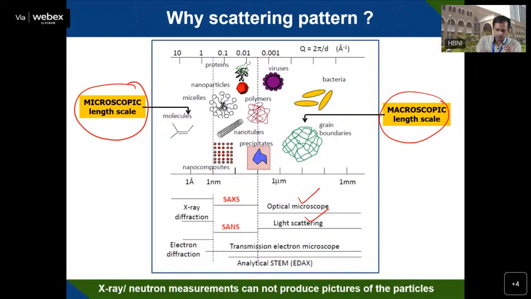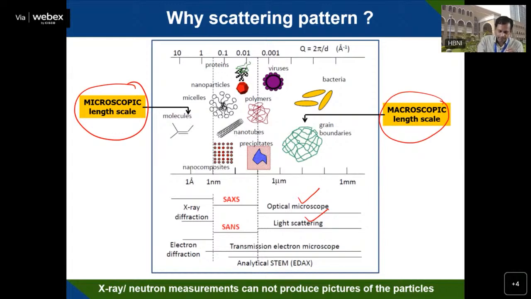But for microscopic size, where you are dealing with very small sizes, that is 10 to 0.01 angstrom, mostly proteins, nanoparticles, micelles, those types of structures you can't see with optical or light microscopy.